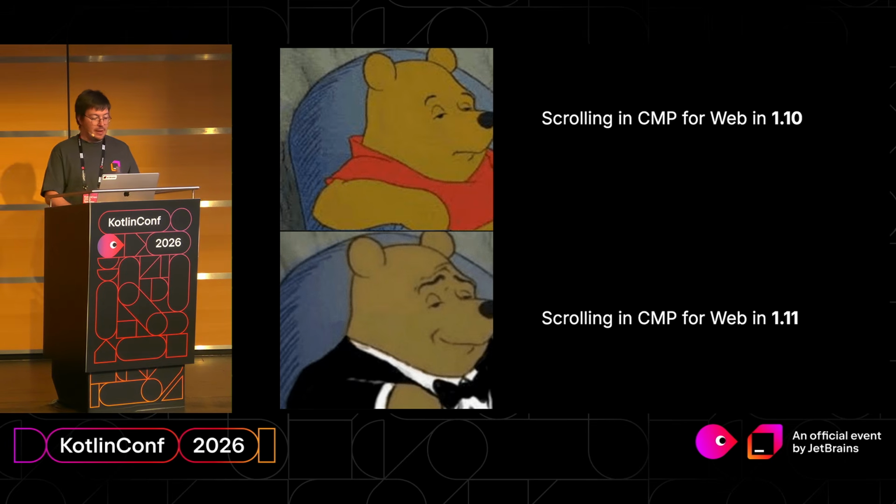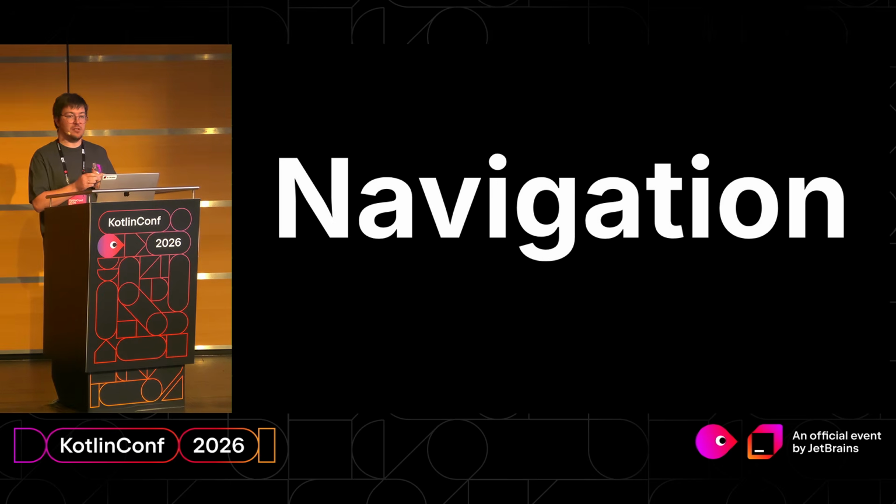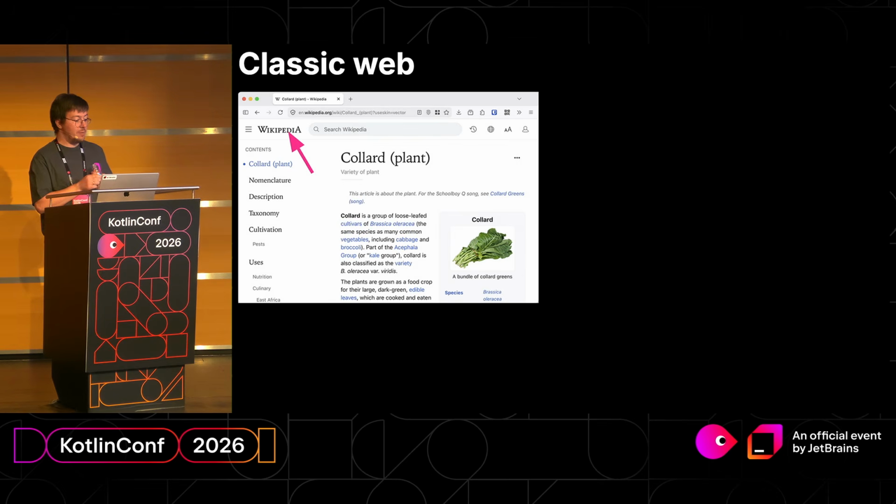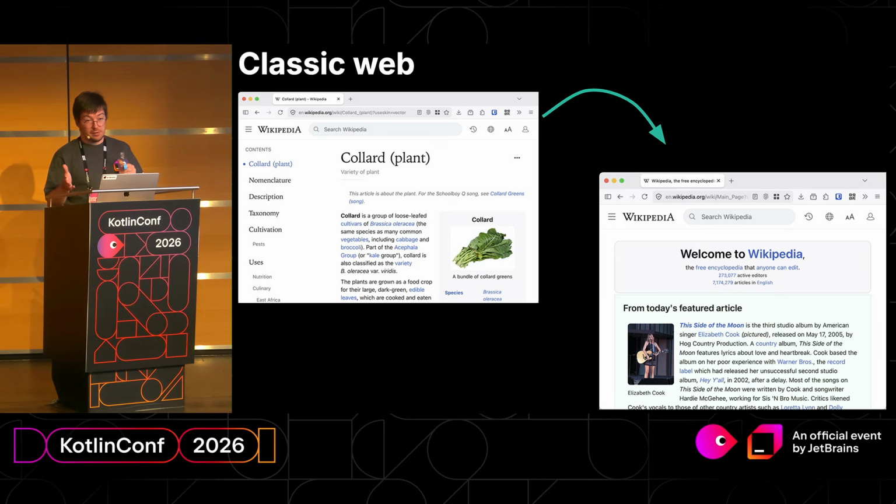Okay, let's get back to the user expectations and our Compose Multiplatform for web application. I already mentioned that in a browser there is an absolutely different expectation from navigation. In the classic web, when I read some article on Wikipedia and click on a huge logo on the top, I get back to the root screen, to the main screen, right?